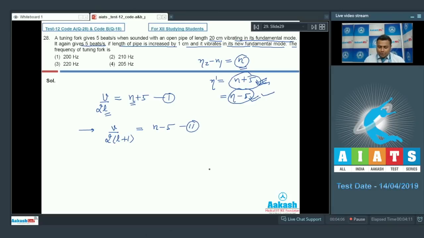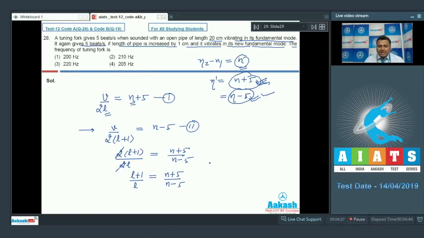Now taking the ratios, what are we going to get? 2 times L plus 1 divided by 2 times L equals n plus 5 upon n minus 5. 2 cancels out. Now L plus 1 divided by L equals n plus 5 divided by n minus 5.